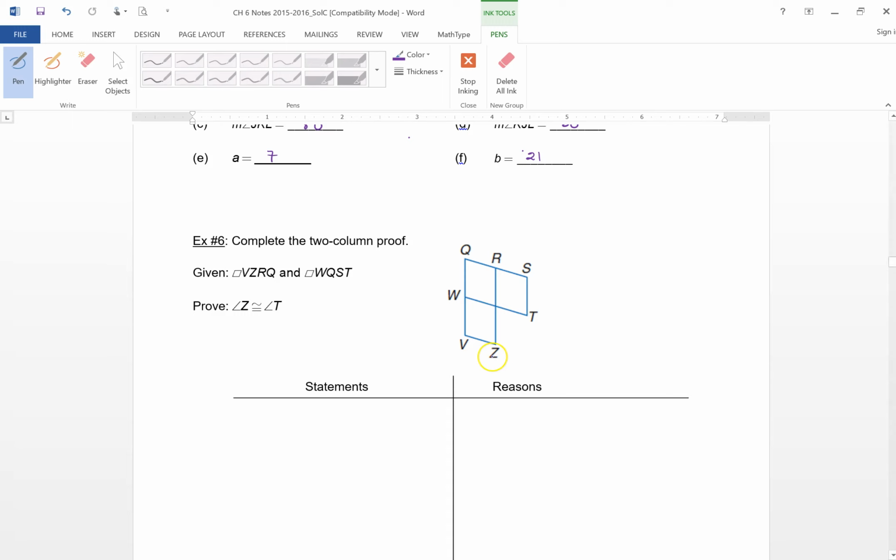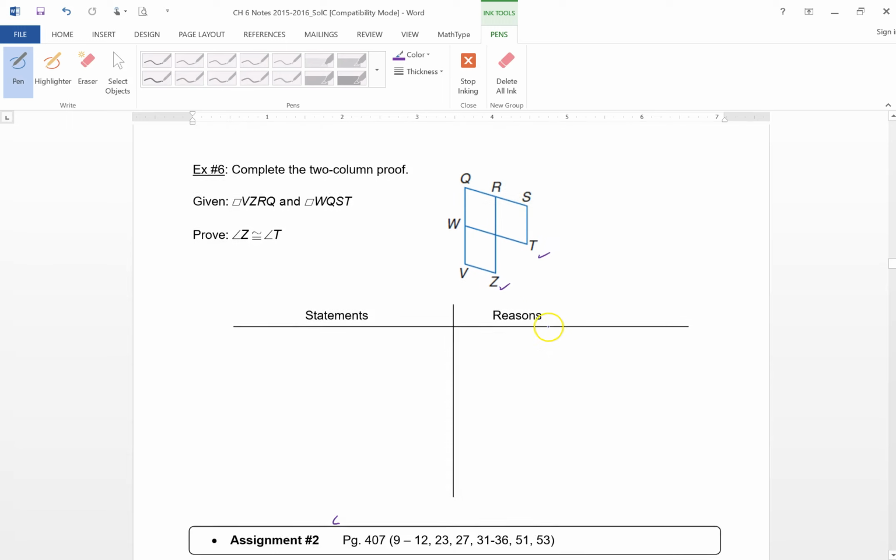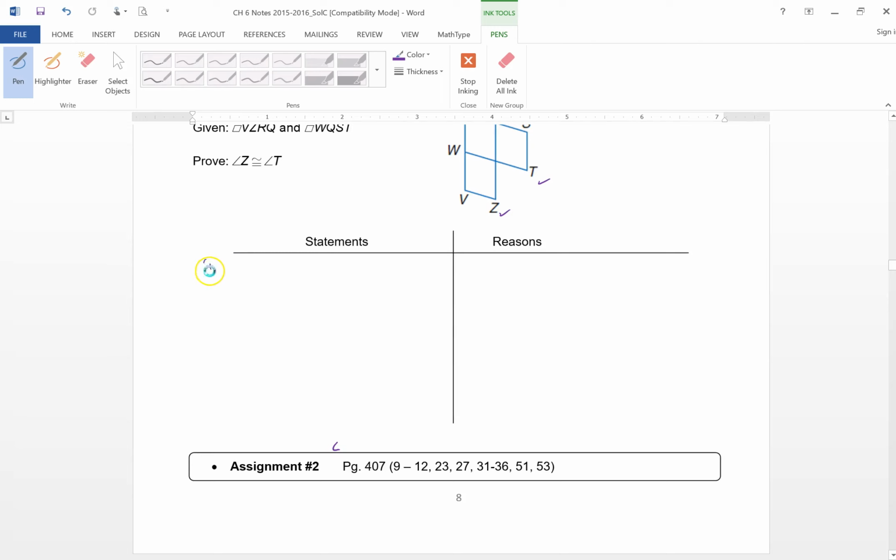You want to prove that angle Z and angle T are congruent to each other. So, look at this one. Very, very quick. We're given parallelogram VZRQ and parallelogram WQST.